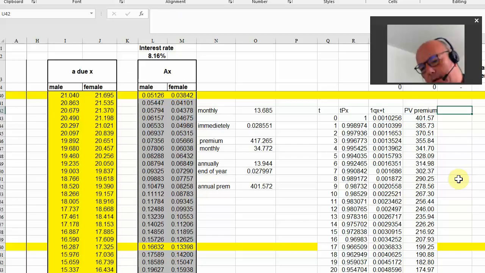And then the present value of the benefit is equal to, well, we've got to be careful with the annual adjustment.